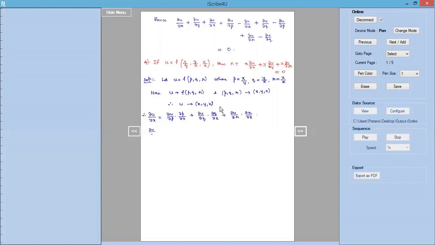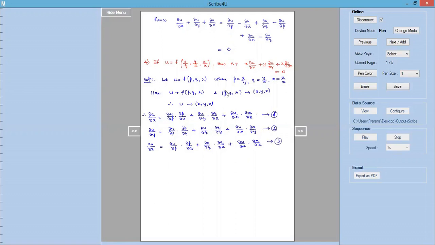Similarly, we can write the formula for ∂u/∂y, with respect to y: ∂u/∂p into ∂p/∂y plus ∂u/∂q into ∂q/∂y and ∂u/∂r into ∂r/∂y. Finally, we'll write the formula for ∂u/∂z: ∂u/∂p into ∂p/∂z plus ∂u/∂q into ∂q/∂z plus ∂u/∂r into ∂r/∂z. I'll call them respectively equations 1, 2 and 3.